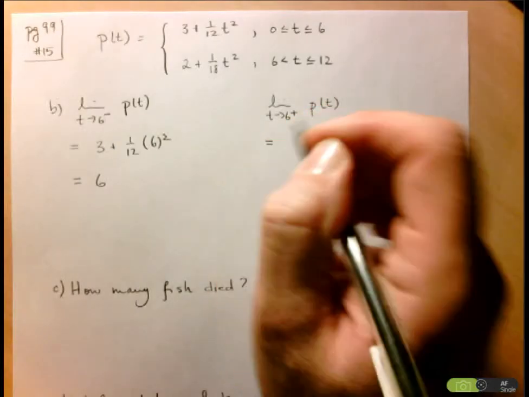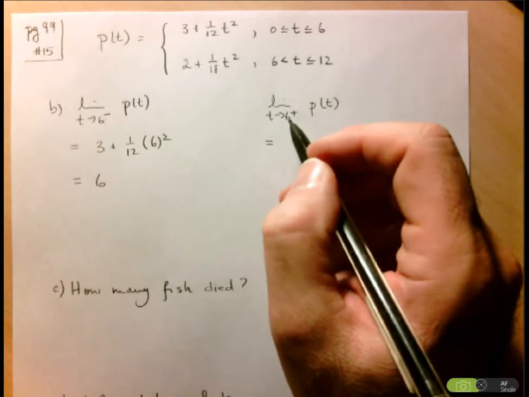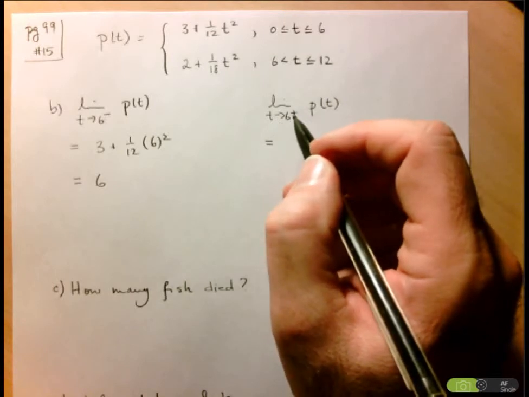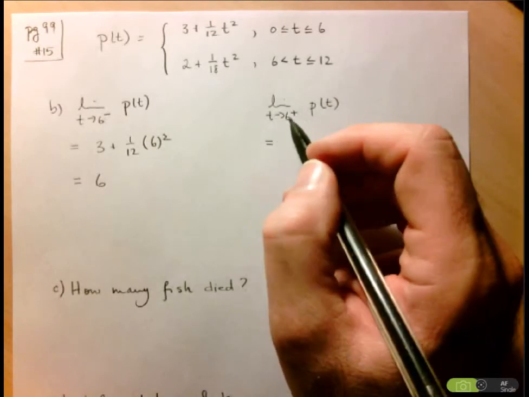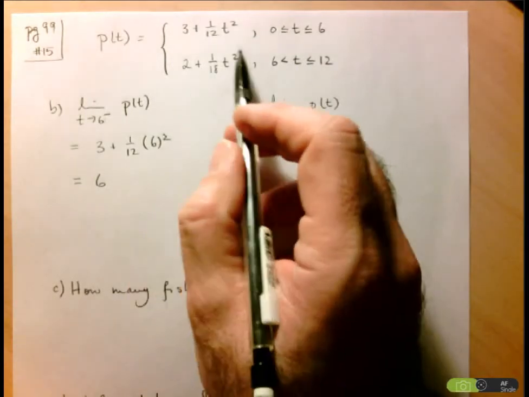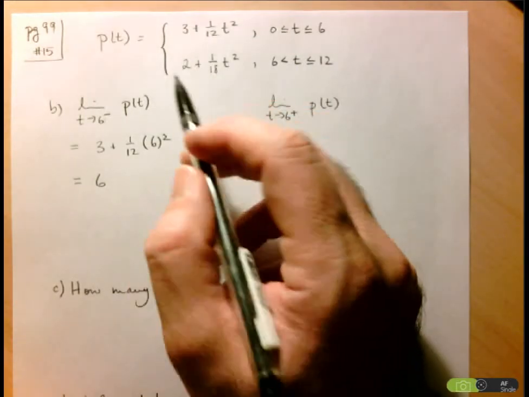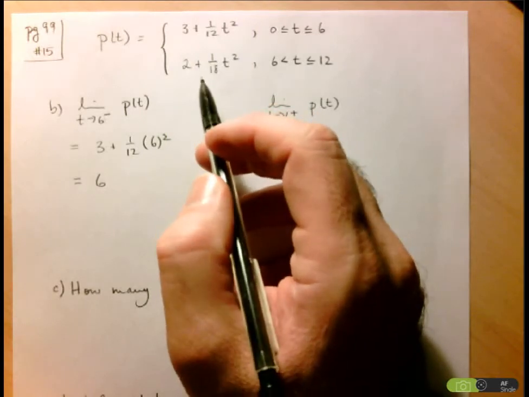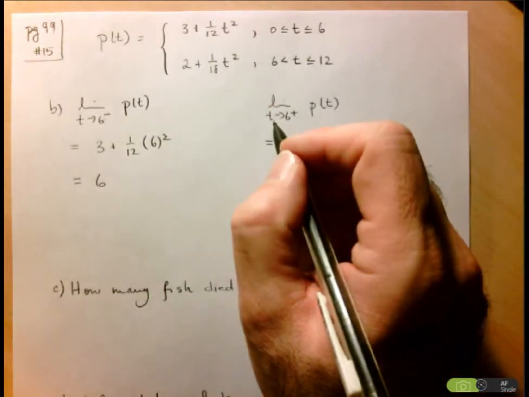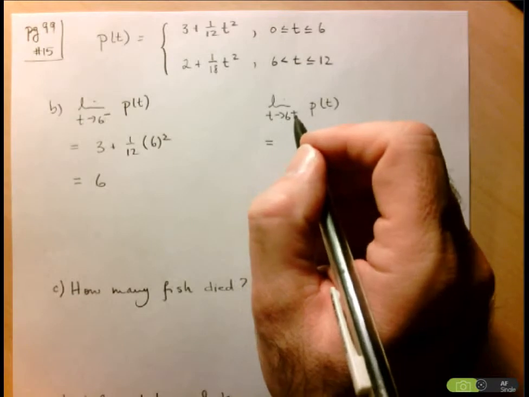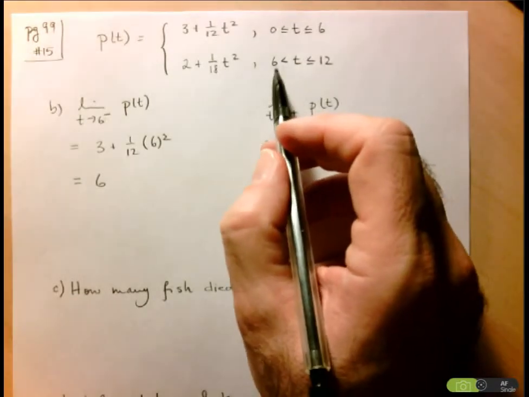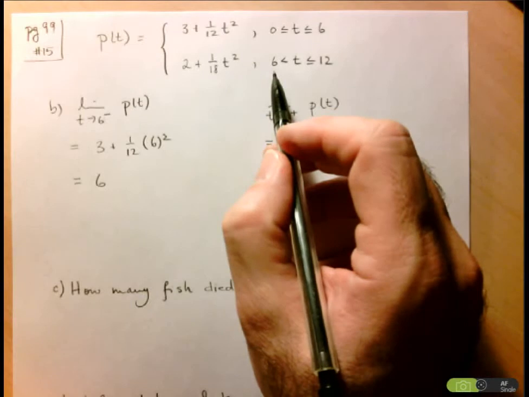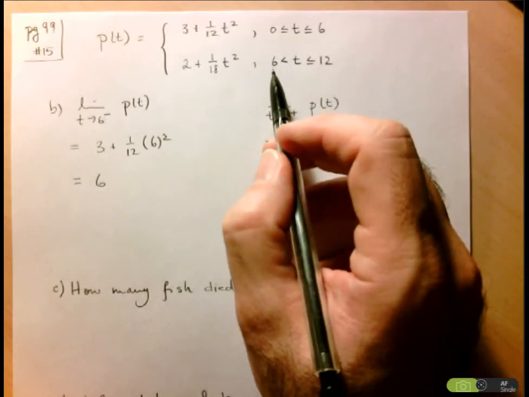Now, when we want to determine the limit as t approaches 6 from the right, well, now we're only interested in t values that are larger than 6. And this is going to be the equation that gives us the function values when t is larger than 6. So again, the only thing we care about is what's happening as t approaches 6 from the right. So the fact that this is not defined when t is equal to 6 is of no concern.